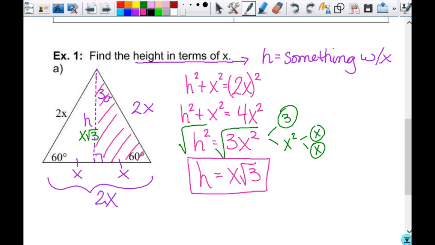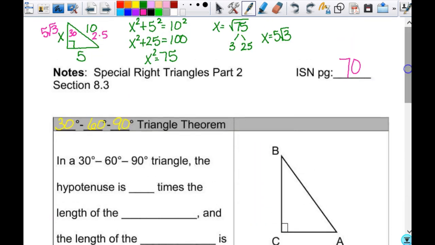Yesterday, the 45, 45, 90 can be thought of as a shortcut to Pythagorean Theorem. This isn't necessarily a shortcut, depending on the information that you have. You may not actually be able to solve the problem without the pattern, because I don't have to give you two sides. I could have just given you the 5, and we could still figure it all out from the x, 2x, x square root of 3. So this is 5, 10, and 5 square root of 3.